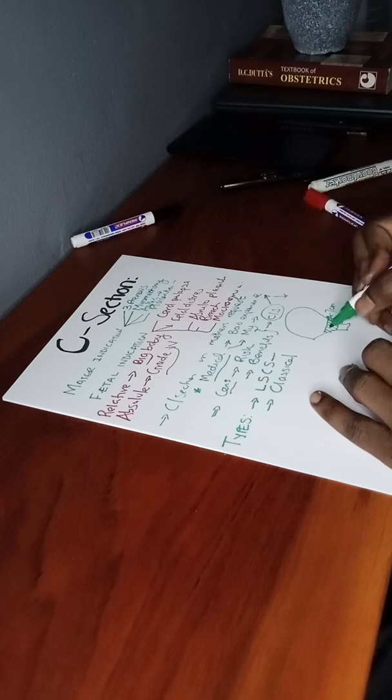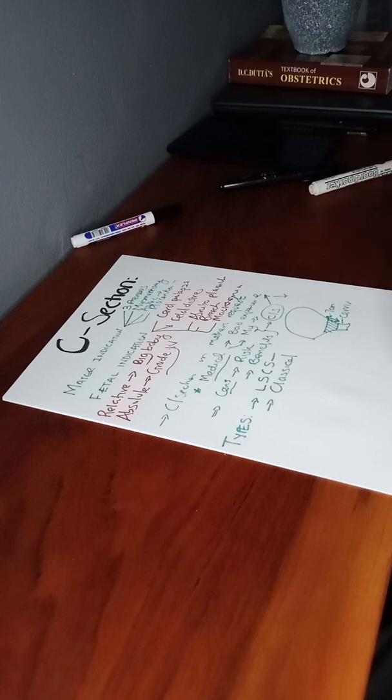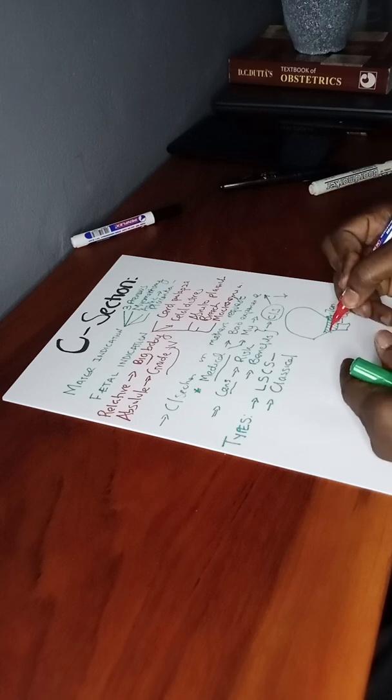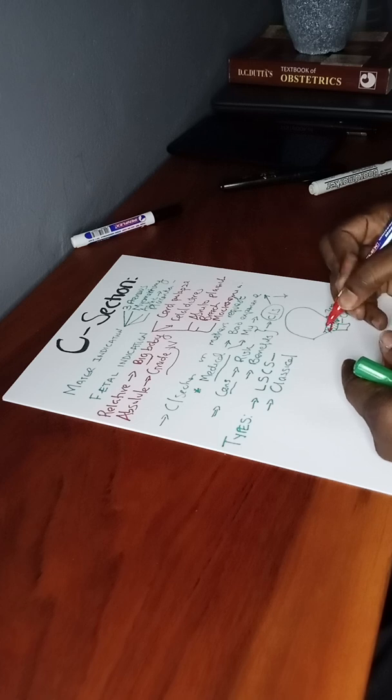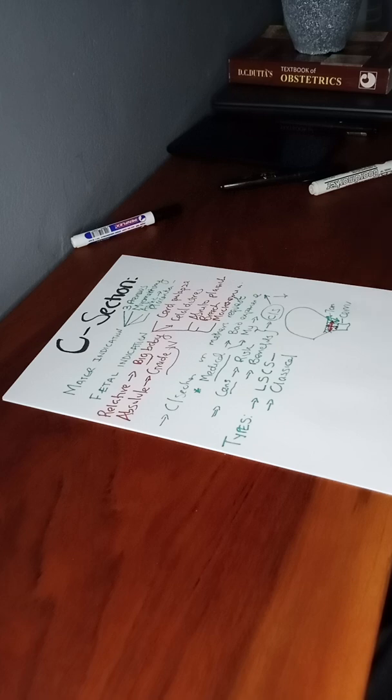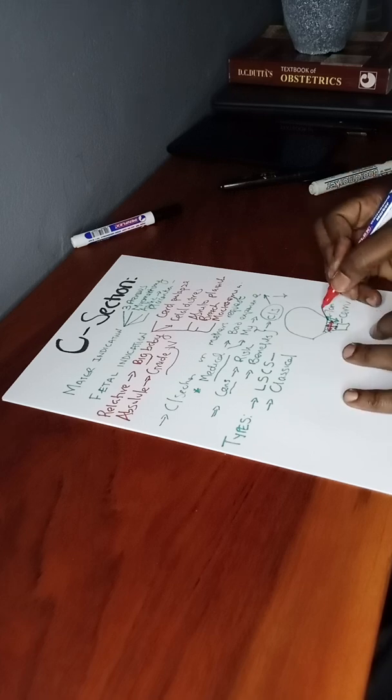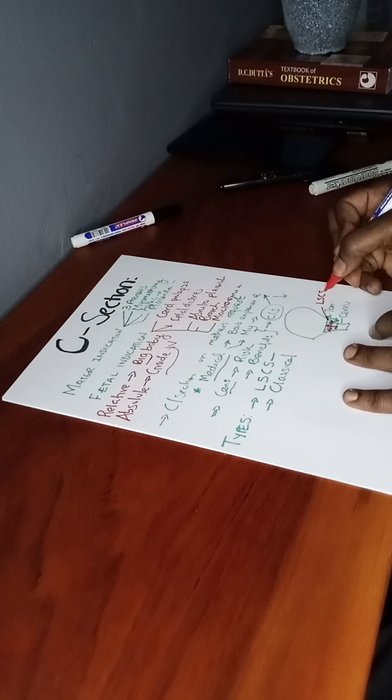So when we cut in this area, whether we cut transverse or we cut vertically, as long as it's in this shaded area, what we have is a lower segment cesarean section.